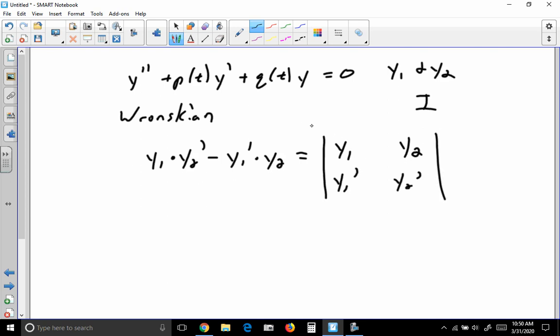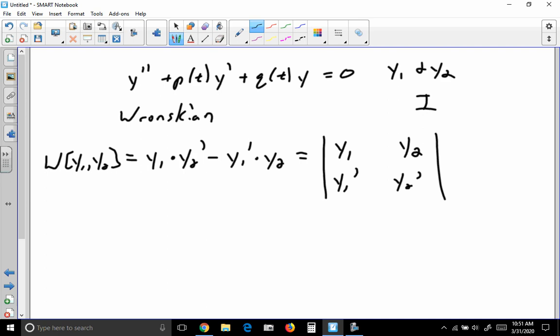If we multiply our determinant, we multiply diagonally this way minus diagonally this way. So that's our Wronskian for y1, y2. So what does that mean? If this is 0, then y1 and y2 are dependent. If it's not 0, then they are independent.